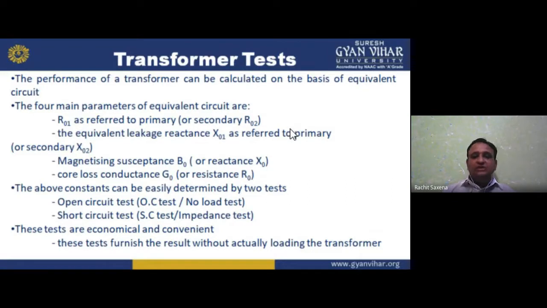The above constants can be easily determined by two tests: the open circuit test, that is the no load test, and the short circuit test, that is the impedance test. These tests are economical and convenient. They furnish the result without actually loading the transformer.